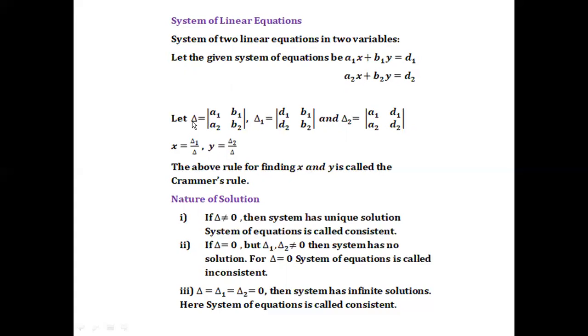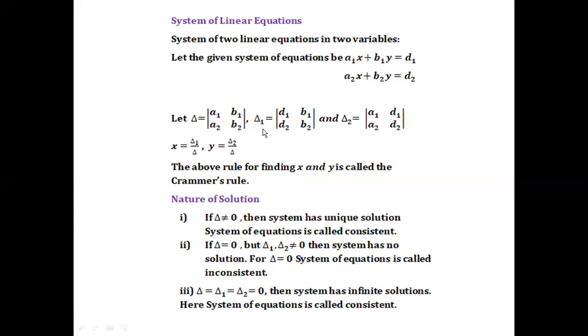Let delta equal the determinant with rows a1, b1 and a2, b2, that is the coefficients. a1 is the coefficient of x, b1 is the coefficient of y, a2 is the coefficient of x, b2 is the coefficient of y. So a1, b1 are the coefficients in the first equation, a2, b2 the coefficients in the second equation. So we write delta in this form.